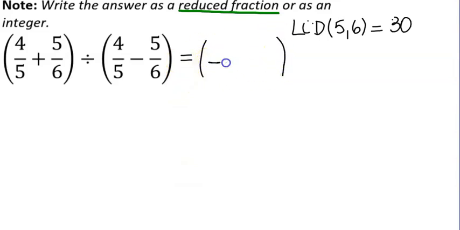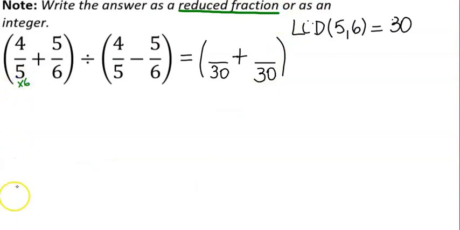Then I'm going to write here. Here has a plus. But again, when I change the denominator, I must change the numerator. So how does 5 turn into 30?